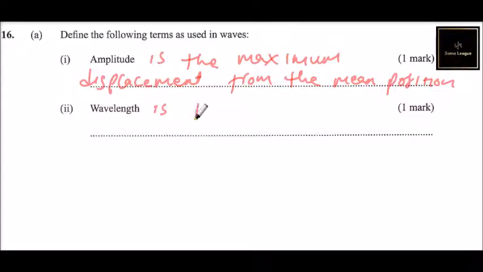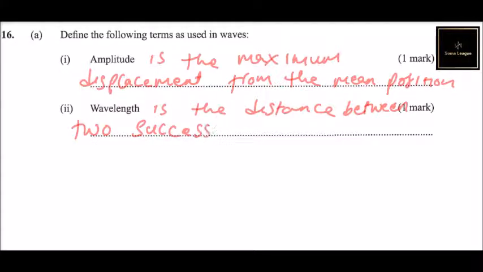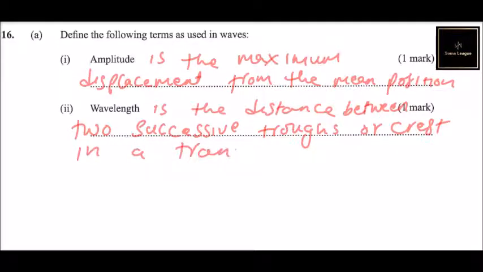It is the distance between two successive troughs or crests, which we have described in a transverse wave.